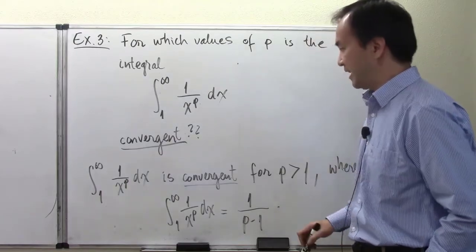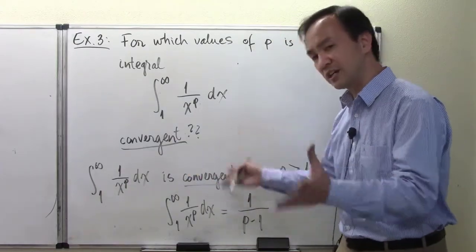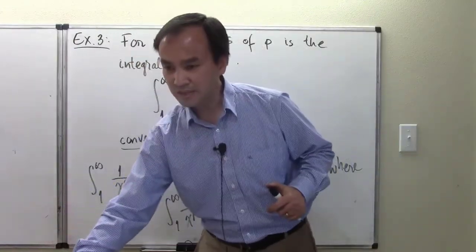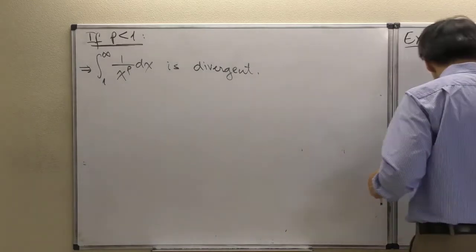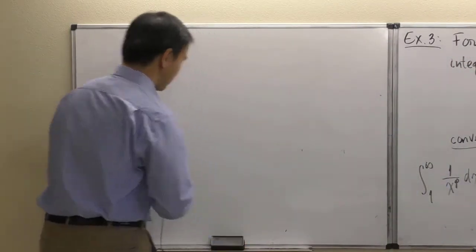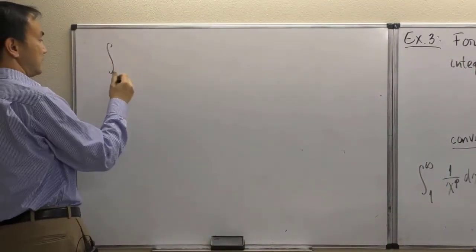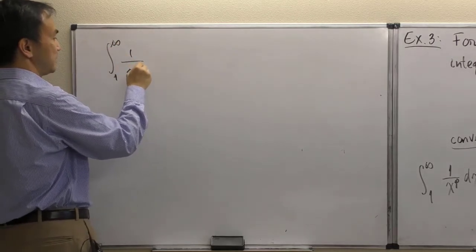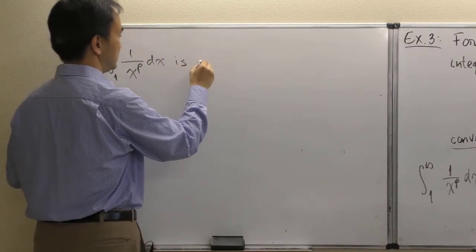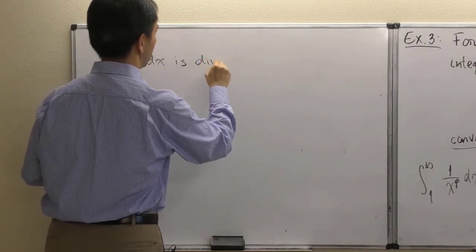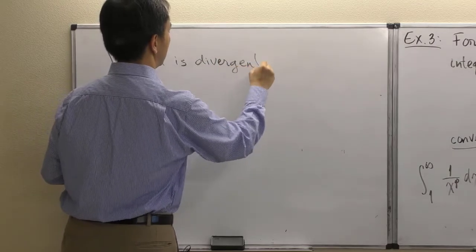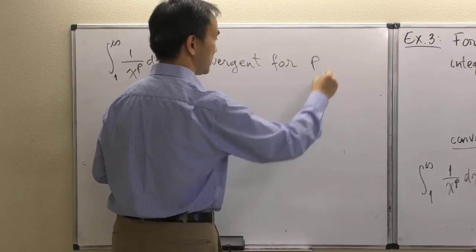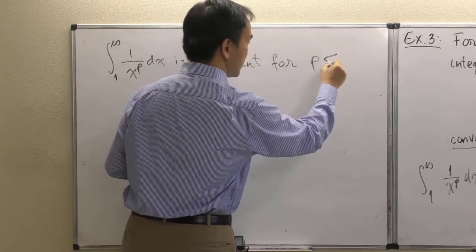That's one case. And now, as the other part of the answer that came out consequently, I can also conclude that this integral from 1 to infinity of the function 1 over x to the p is divergent for any value of p less than or equal to 1.